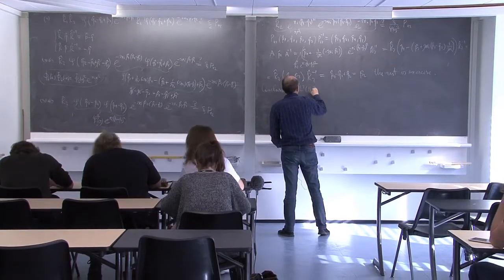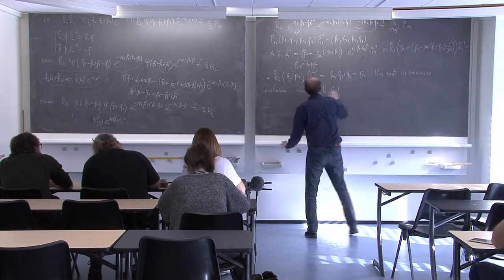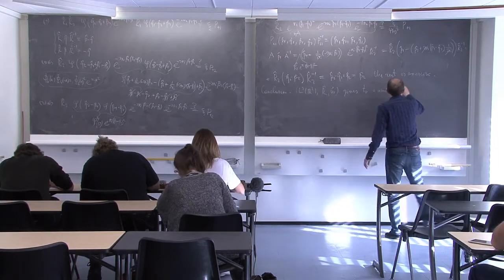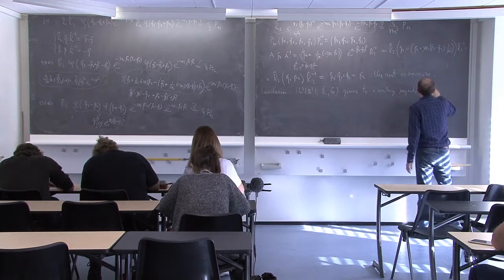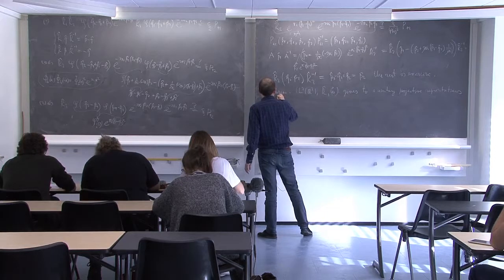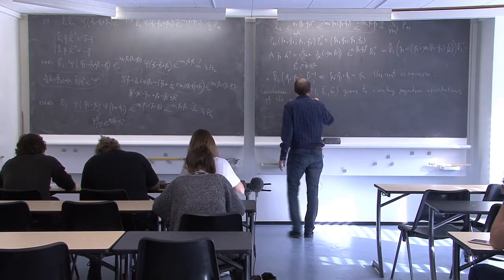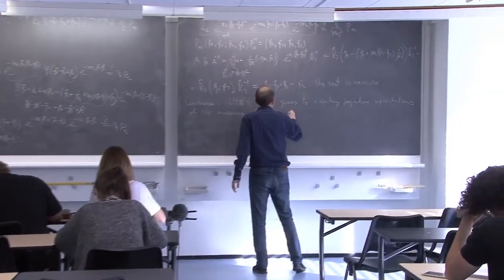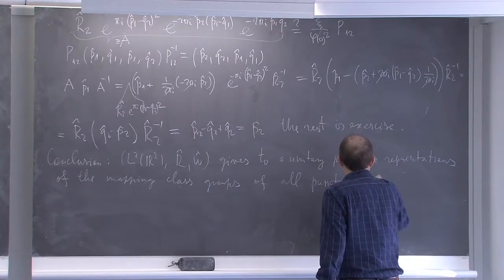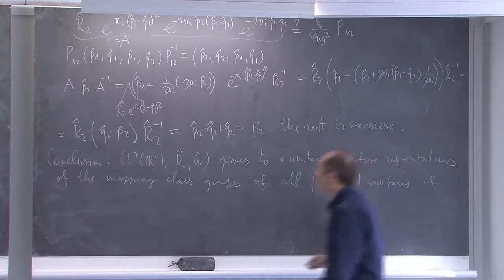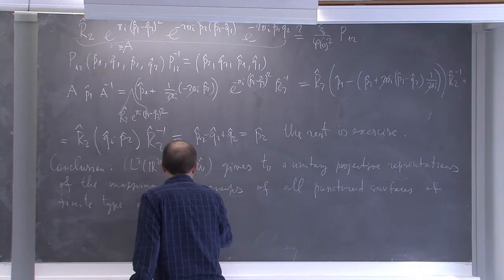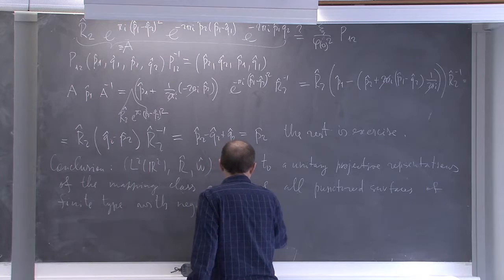The L2 of R hat W hat gives rise to a unitary projective representations of the mapping class groups of all punctured surfaces of finite type with negative Euler characteristic.